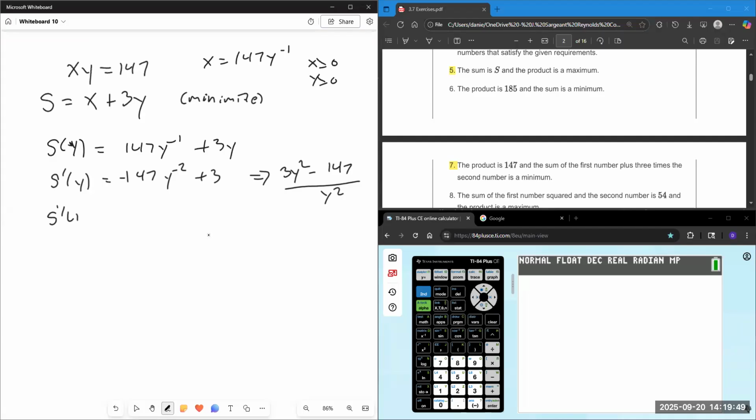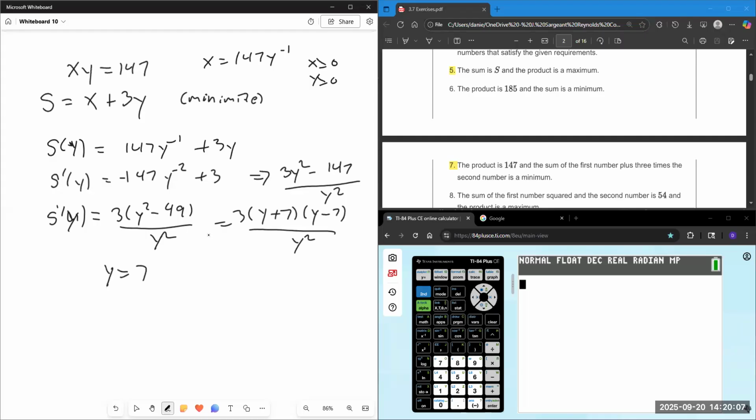S prime of y is equal to 3 times (y squared minus 49) over y squared, that's 3 times (y plus 7) times (y minus 7) over y squared. So the only interesting answer to me is y equals 7.